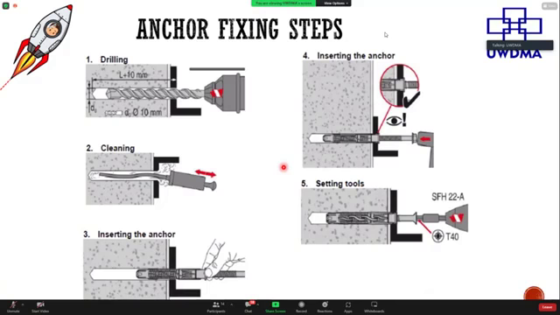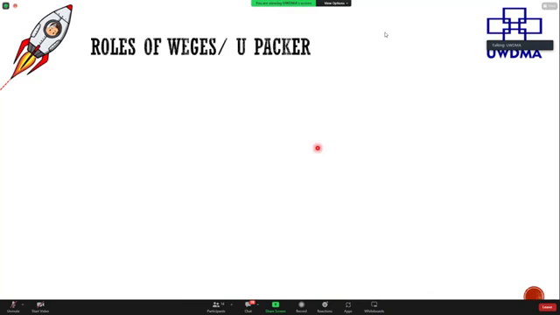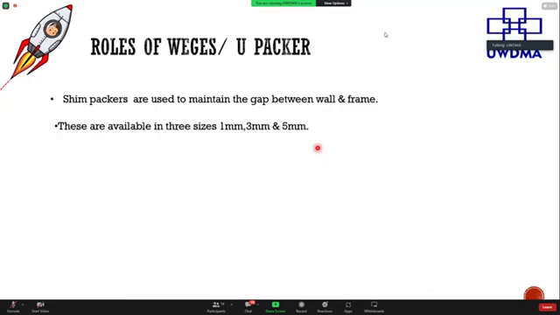And one more thing: the hole you are drilling should be a little bigger than your anchor. There should be some space there. It shouldn't be exactly the same size as your anchor.